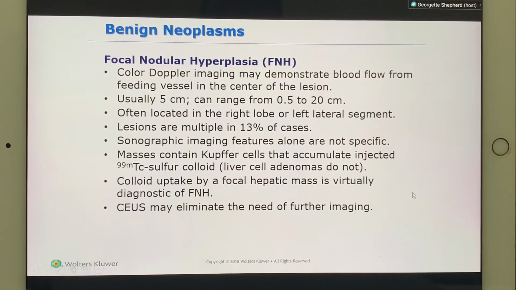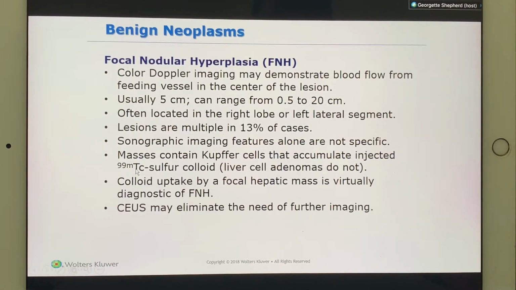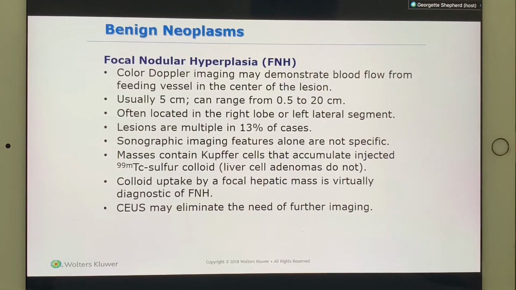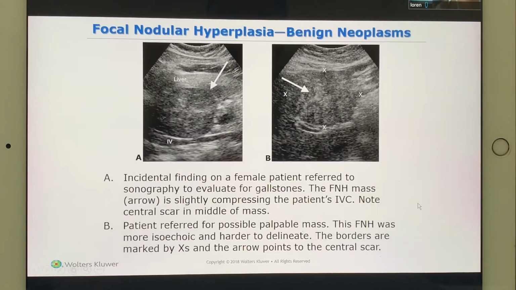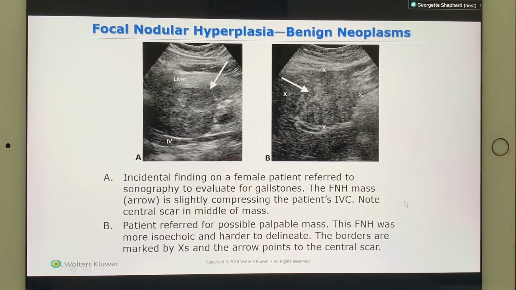We can inject, this is a nuclear medicine scan where they call it Tc-99, and they will show up on nuclear medicine. If it's an adenoma, it will not. But if it's a focal nodular hyperplasia, then it will. And of course, if you have contrast enhanced imaging, I don't know of anybody in Houston that does have that, but what do I know?